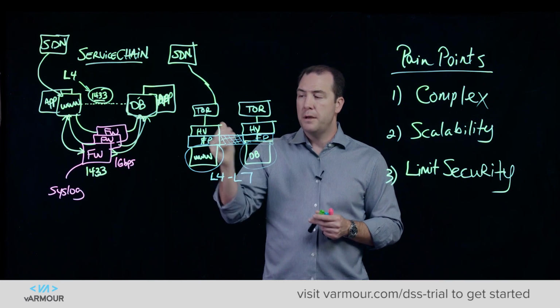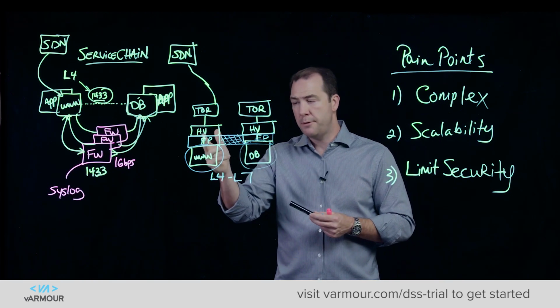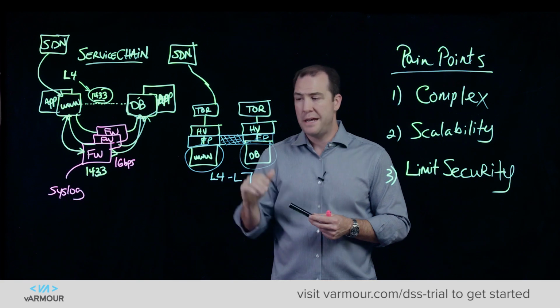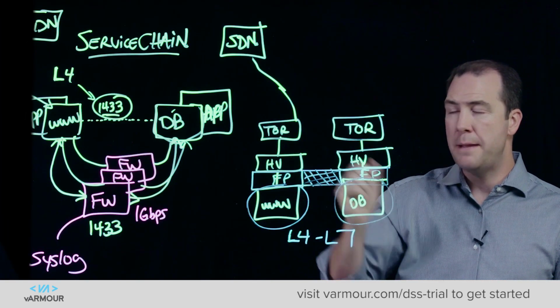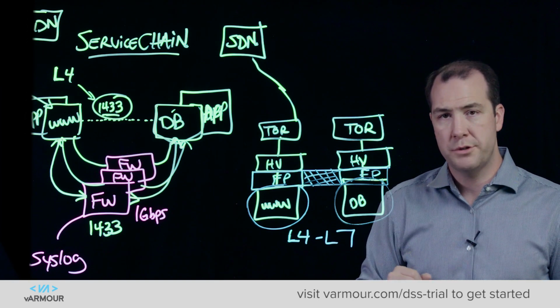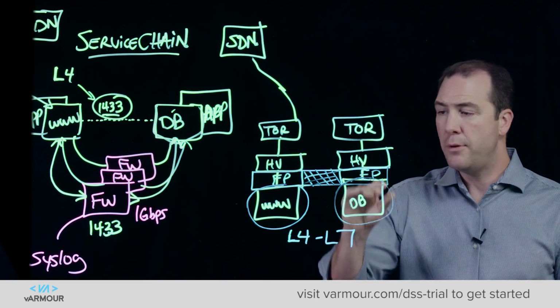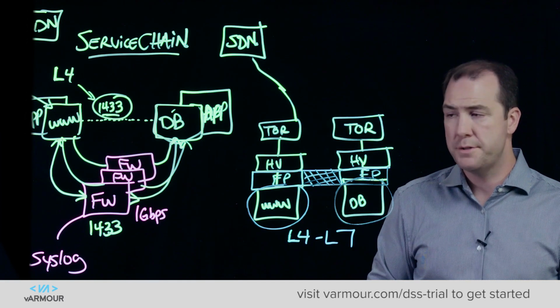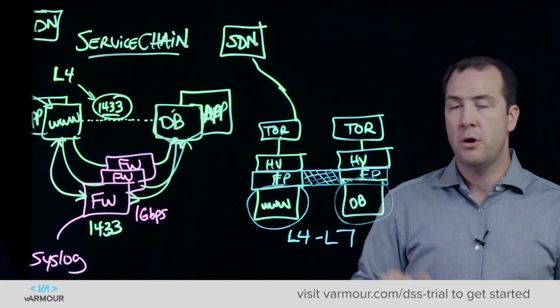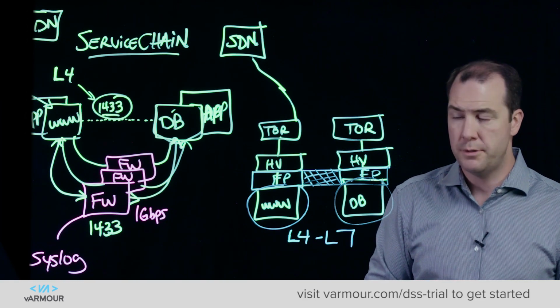I can spin up additional enforcement points across different hypervisors as I need to. I can create security policies that tie back to my network and my compute orchestration services. And I don't have to do service chaining to redirect any of those flows as part of that policy, because everything is natively going through the enforcement point on each hypervisor.